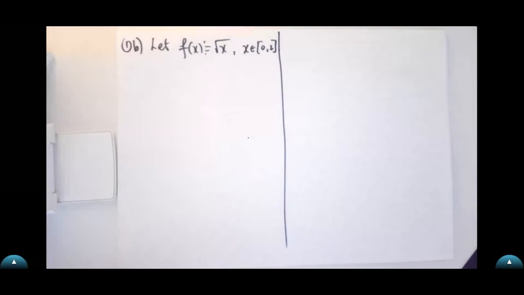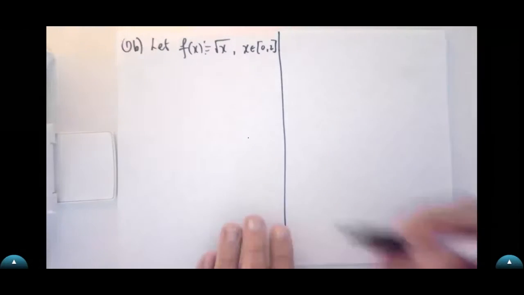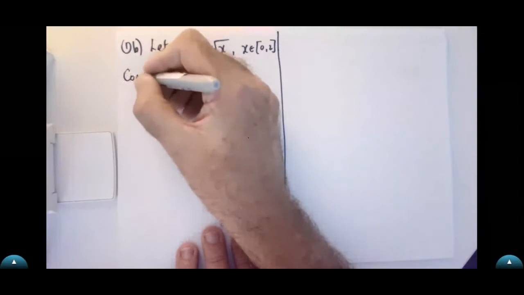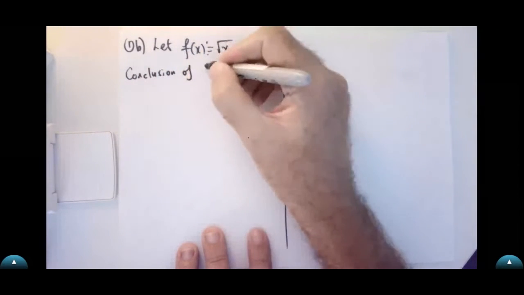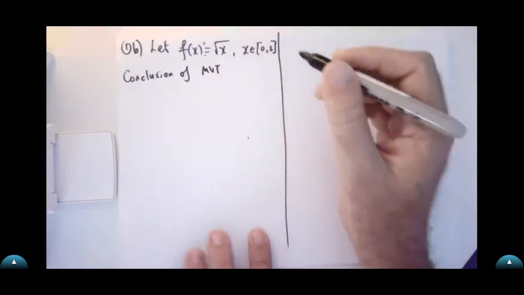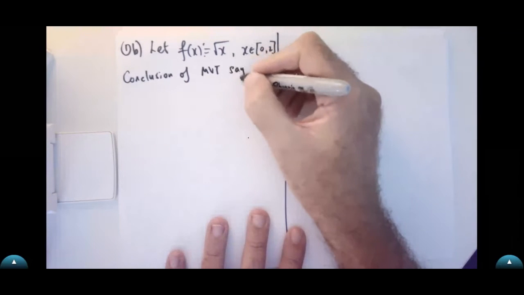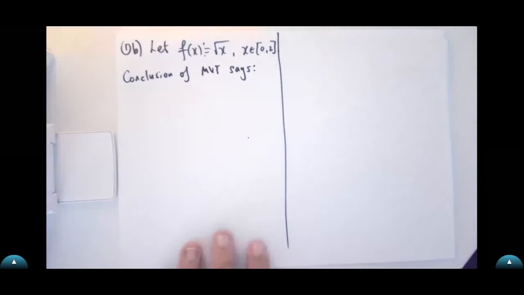Okay, and the question asks us to find a point C such that the conclusion of the MVT holds. So what is the conclusion of the MVT? Let's remind ourselves. The conclusion of the MVT says the following.